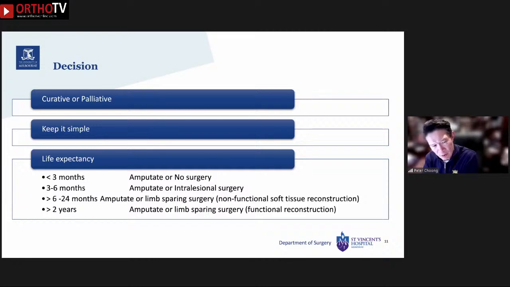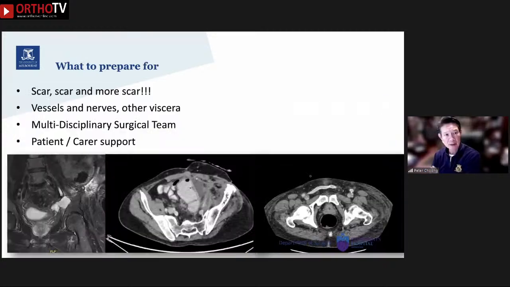And those are the 4 categories of times that I look at, because for each incremental improvement in life expectancy, I get a little bit more aggressive with the surgery in terms of what I hope to achieve. I think in major centers, if you are going to go to curative, although I do say keep it simple, there is the capacity and the skill base to at least make it a functional recurrence.